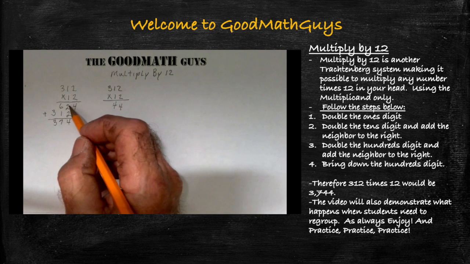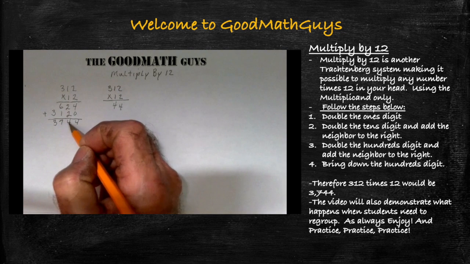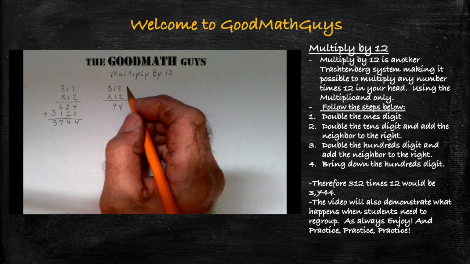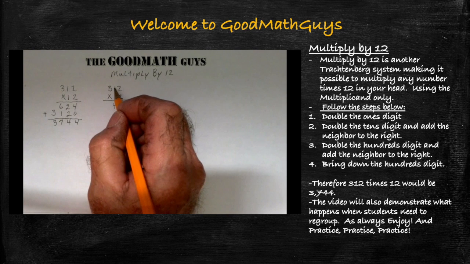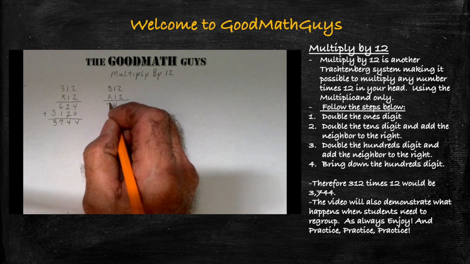Here, Trachtenberg knew that that was going to occur all the time because 2 to 4. Then the next step is to double the 3 and add the neighbor to the right. So 3 doubles to 6 plus the neighbor to the right, 1, is 7. We're going to record a 7.